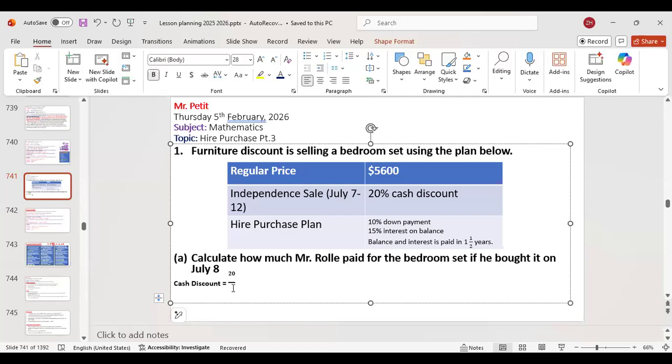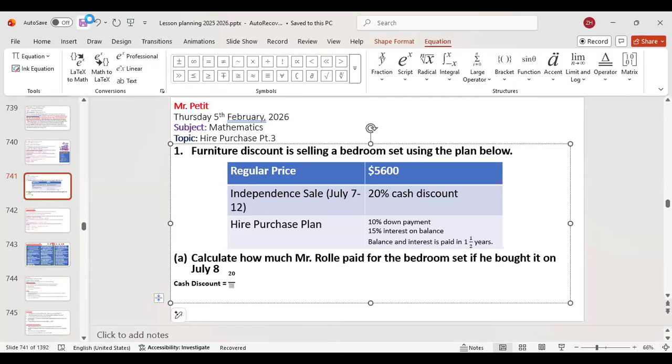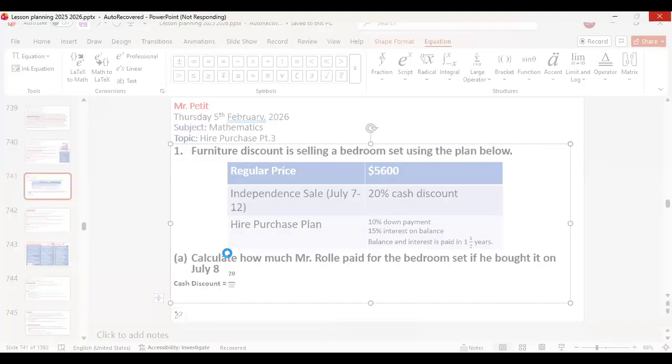Very good. Oh gosh, one second. So when we have 20% of 5,600, that's going to be 20 over 100.